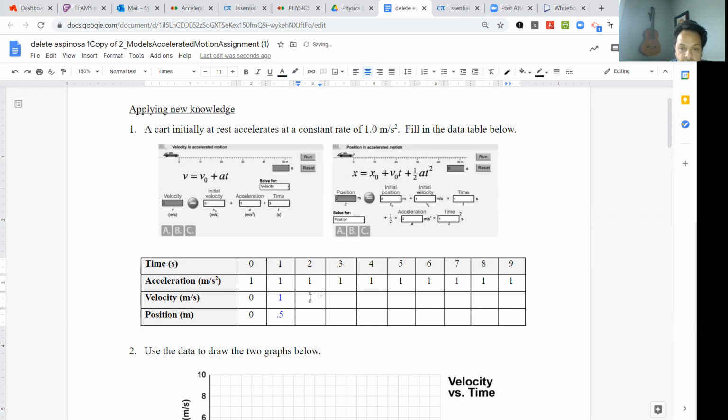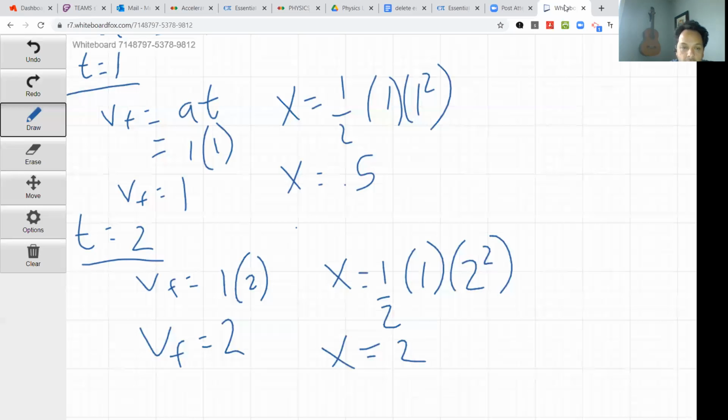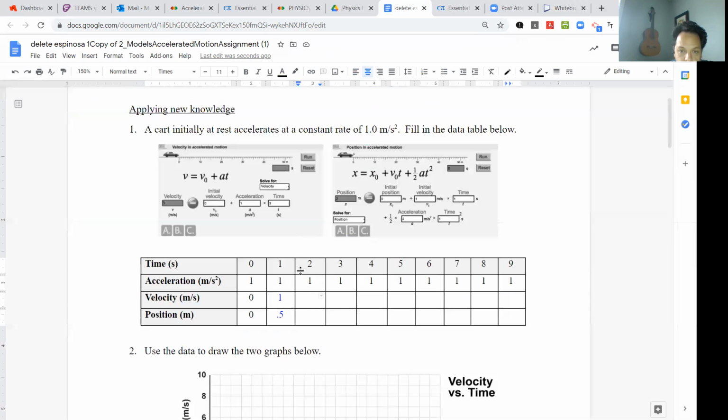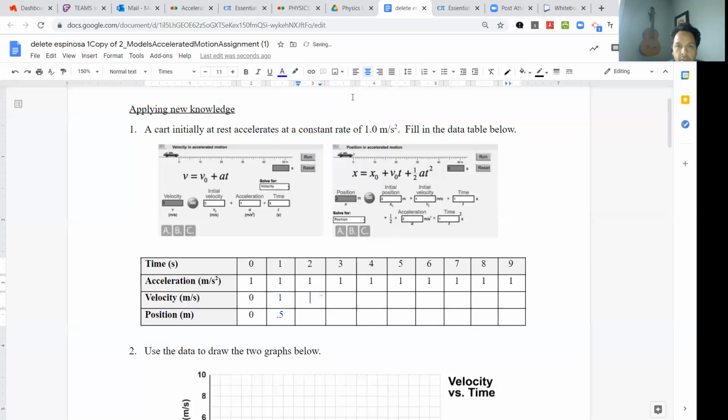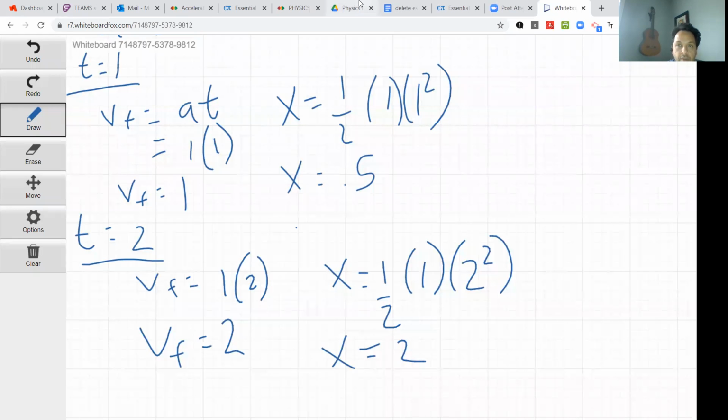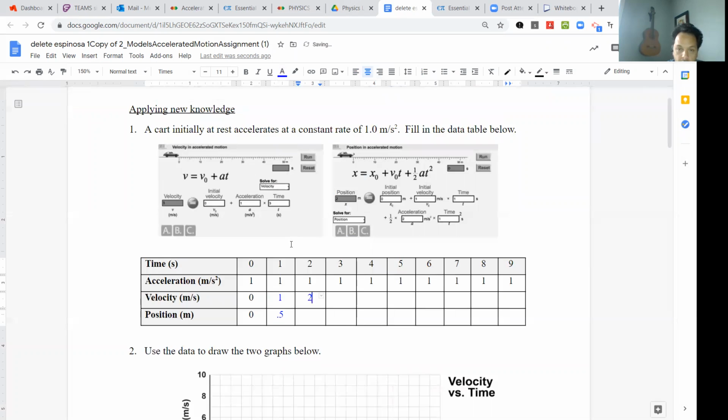And then what was it for 2? 2 and 2. Can I just make it a default? I wish. Because now I forgot. 2 and 2.